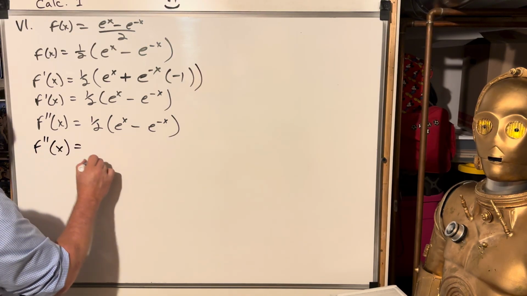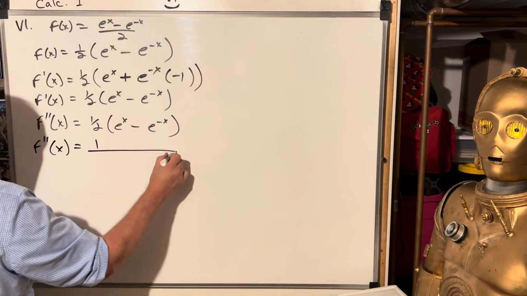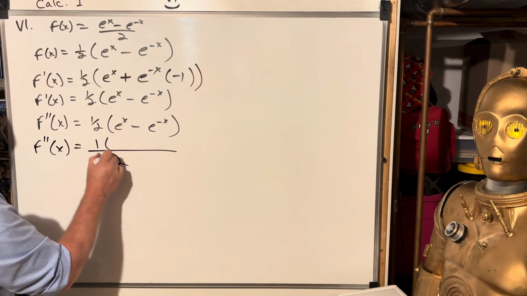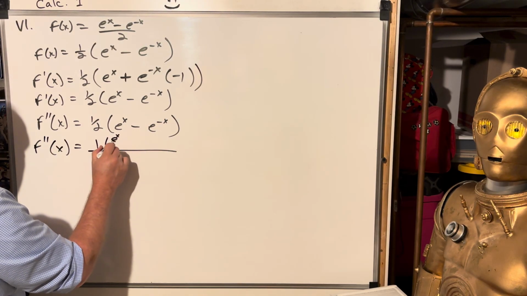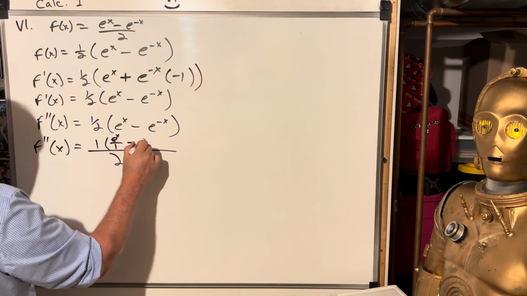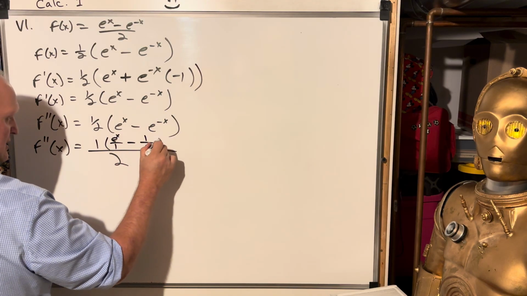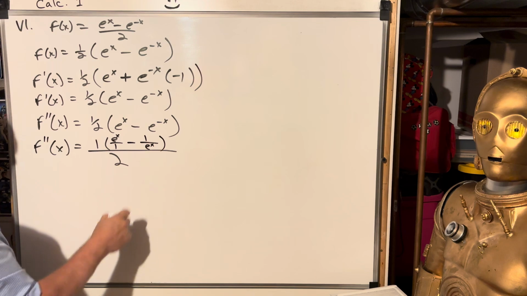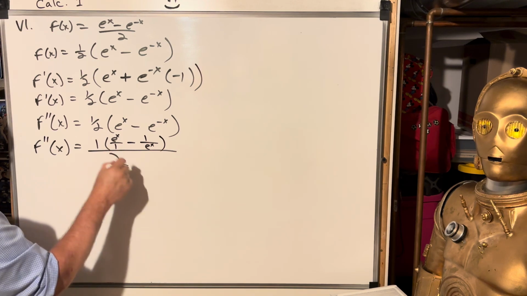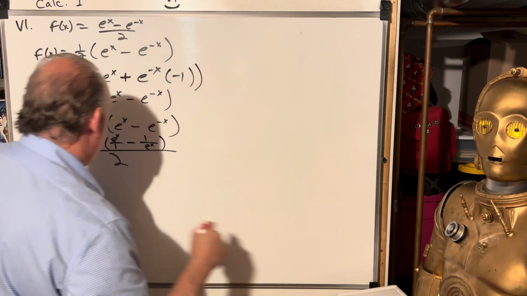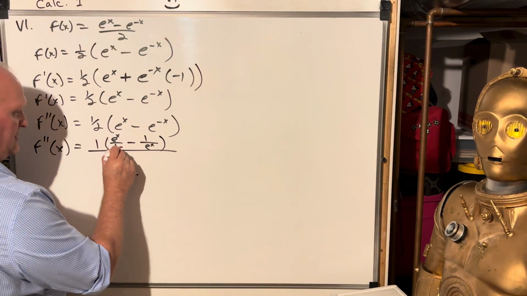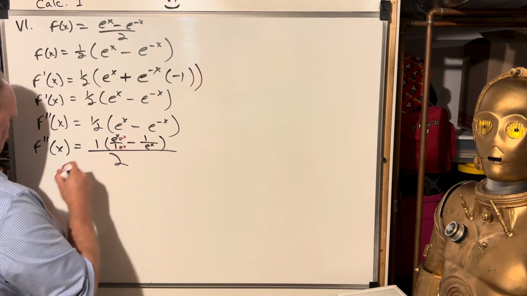Let me show you this way. I think this way is a little easier; we'll see what you think. e to the x over 1 minus 1 over e to the x. That's what that is, right? And now let's do a common denominator, which is e to the x.